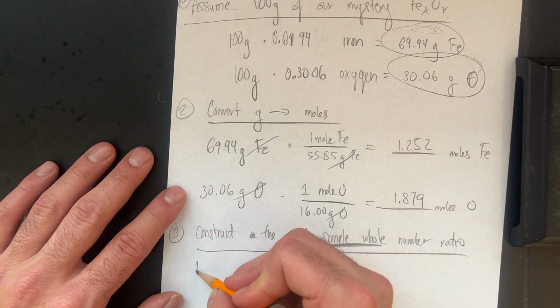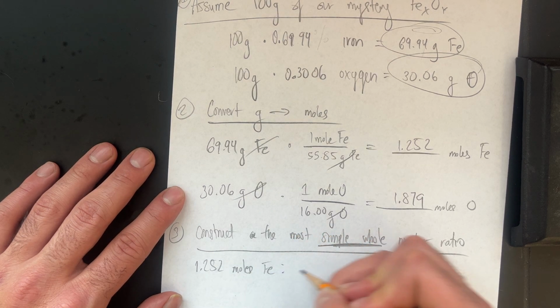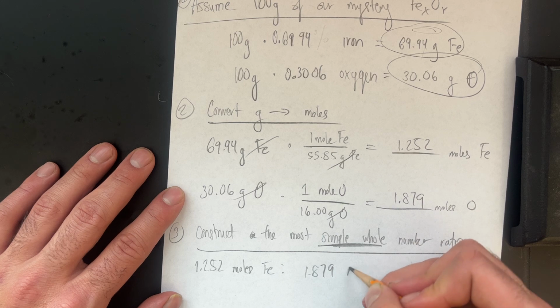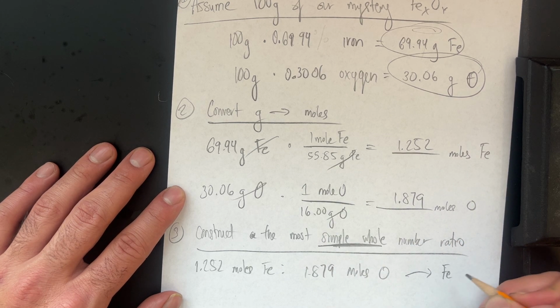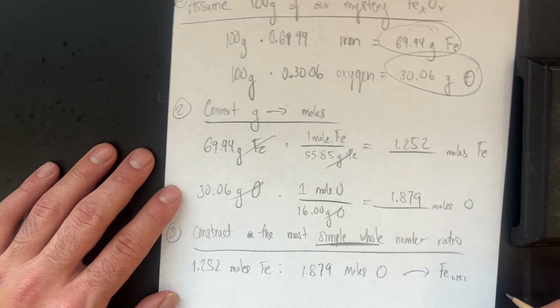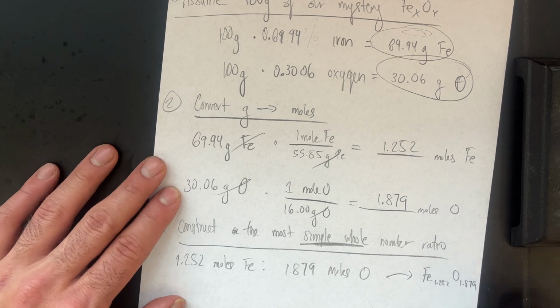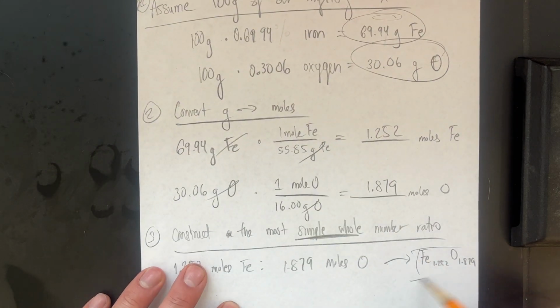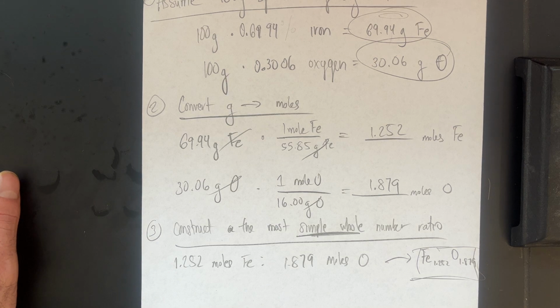Well, right here we have 1.252 moles of Fe for every 1.879 moles of O. Now, you might be tempted to be like, okay, that means that we have 1.252 Fe for every 1.879 O's, and that's our formula. There you go. We're ready to go. You can totally turn off this video and we'd be all set. Except please don't do that.